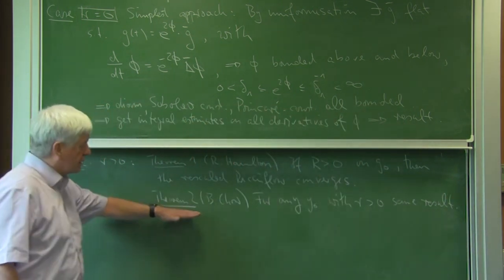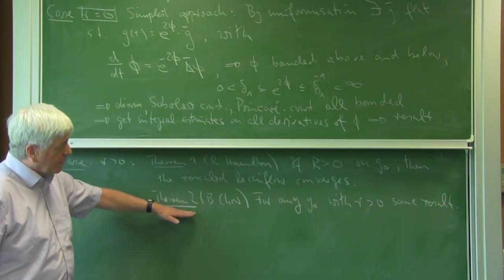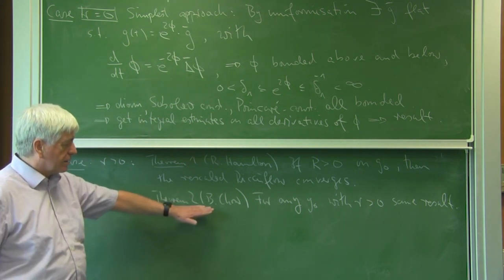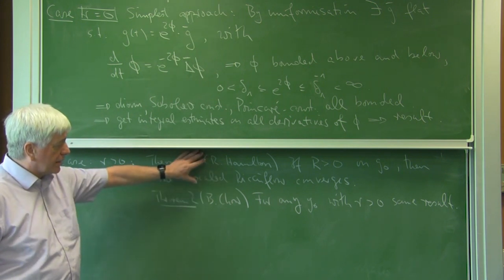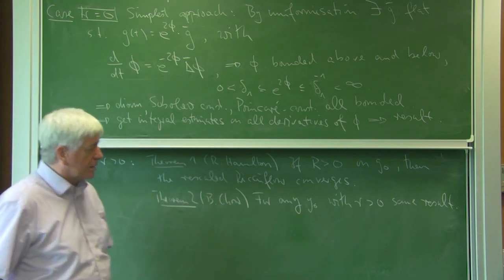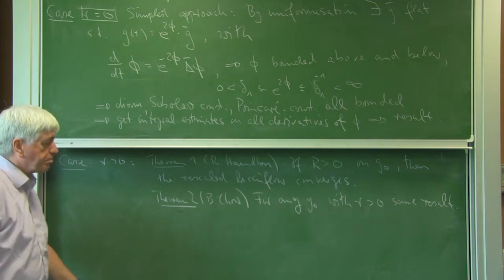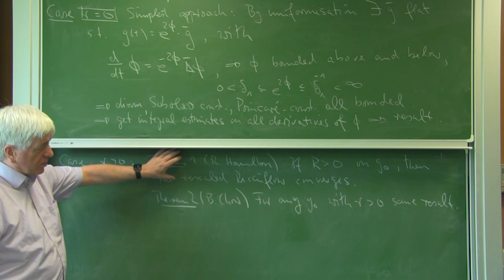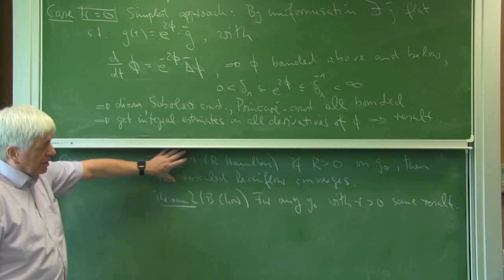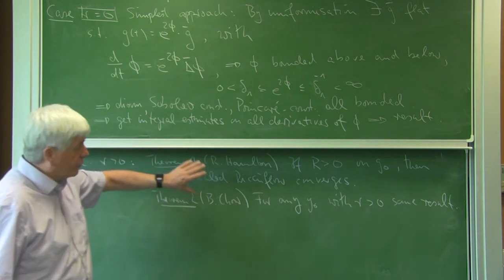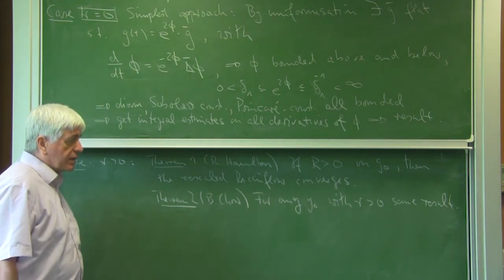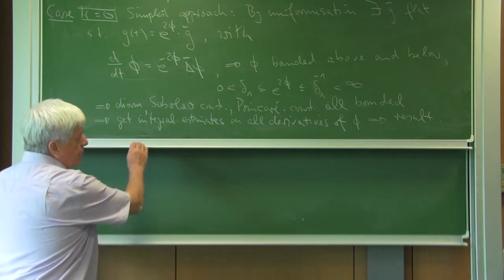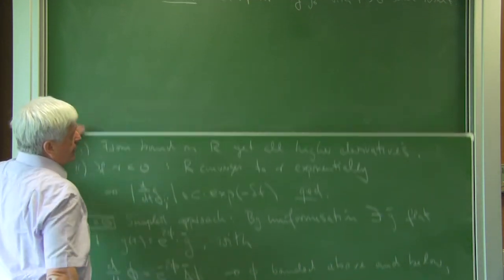But this theorem just traces back, uses the techniques from here, and reduces the general case to the previous case. So we will concentrate now, because it's slightly less messy, on the proof in the case of strictly positive scalar curvature.